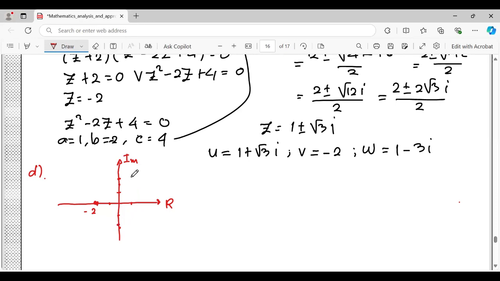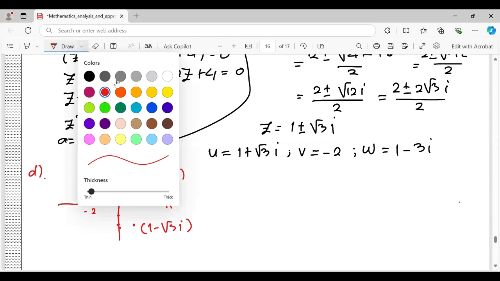So this is 1 plus square root 3 i, and this coordinate point is 1 minus square root 3 i.